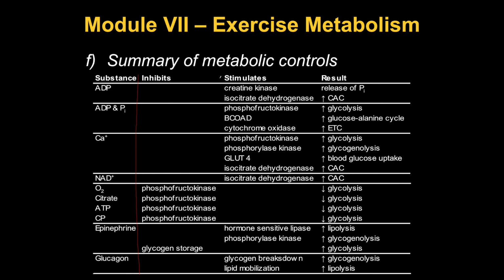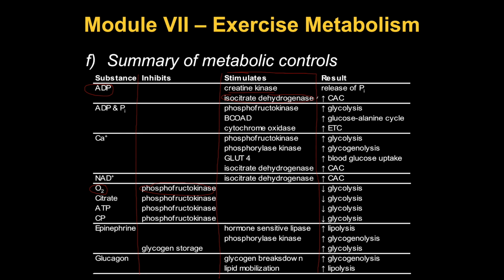This column here represents, for example, if you've got oxygen, that's actually going to inhibit phosphofructokinase, or PFK. In this column, we have all the substances that are stimulated by those particular substances in column 1. So, for example, ADP is going to stimulate creatine kinase and isocitrate dehydrogenase.